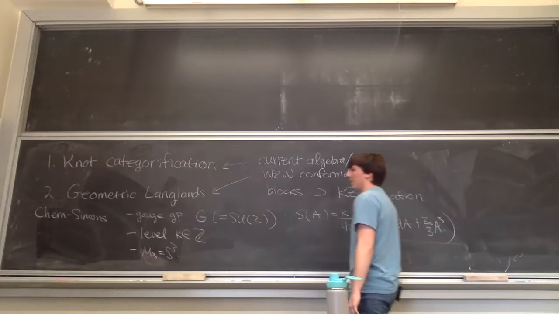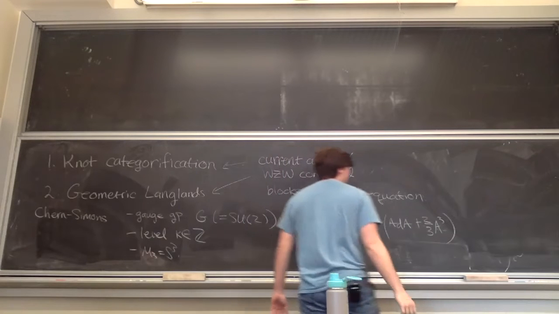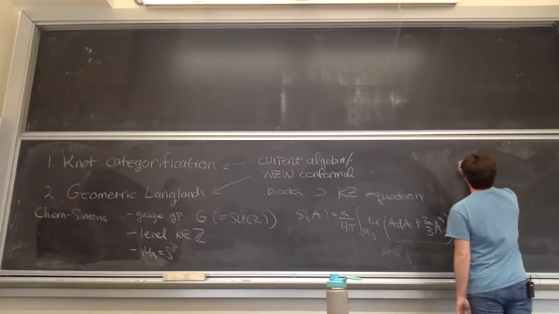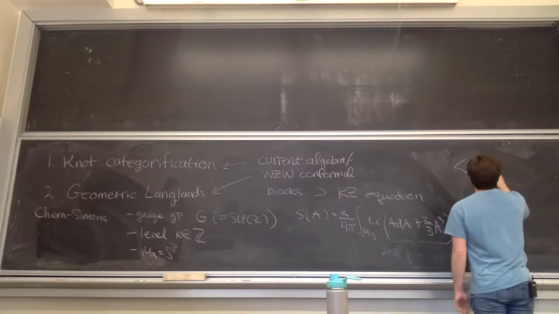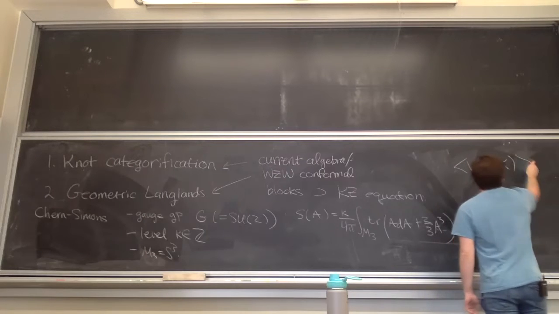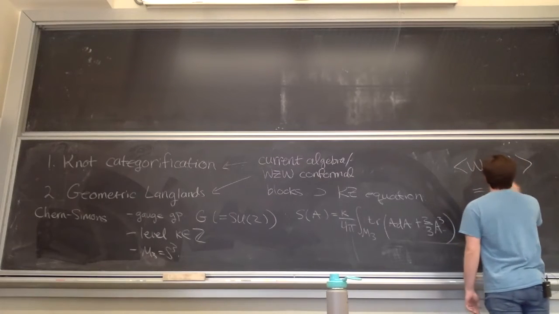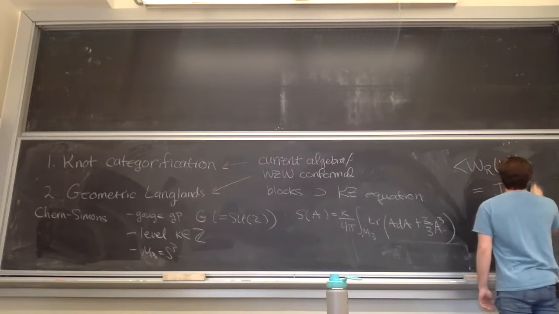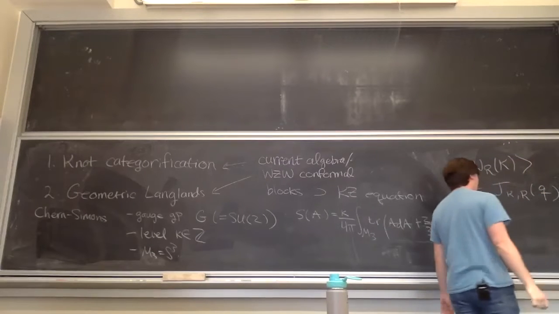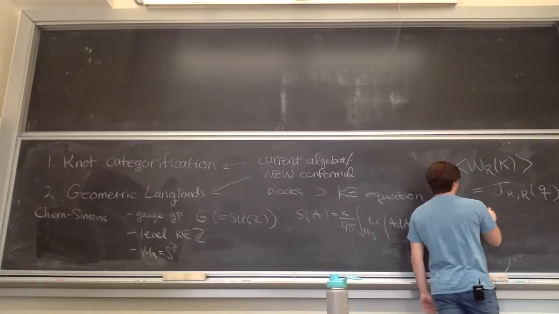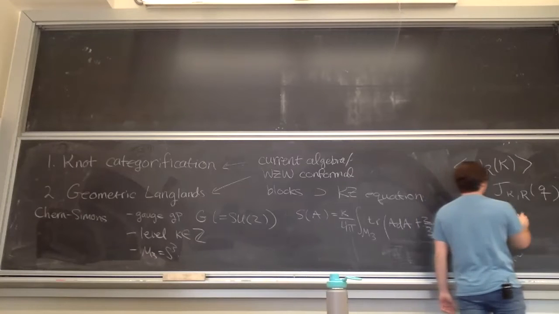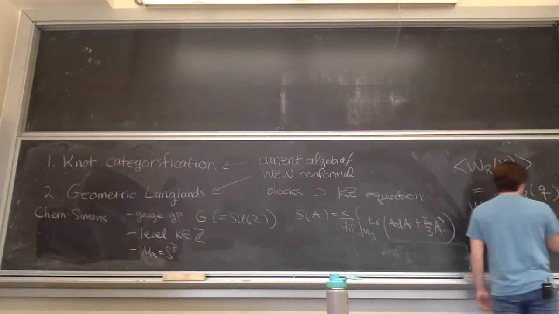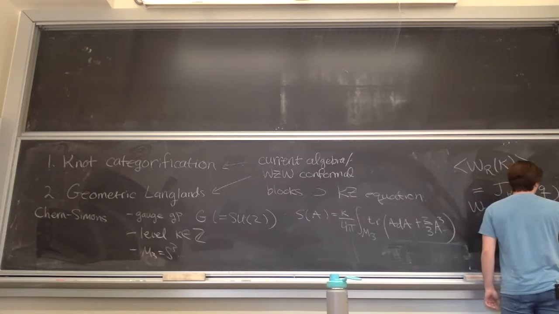The claim, going back to Witten many years ago, is that if you look at expectation values of Wilson lines in Chern-Simons theory, these are going to give you some kind of knot invariant, where the Wilson lines are basically the traces of the holonomies of the gauge field along the knot.